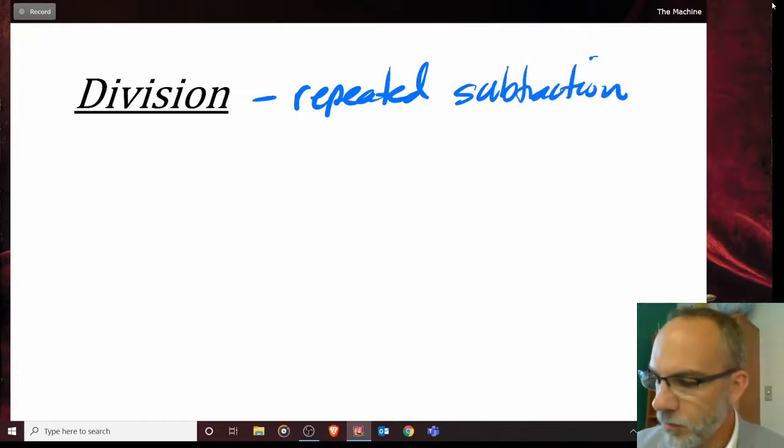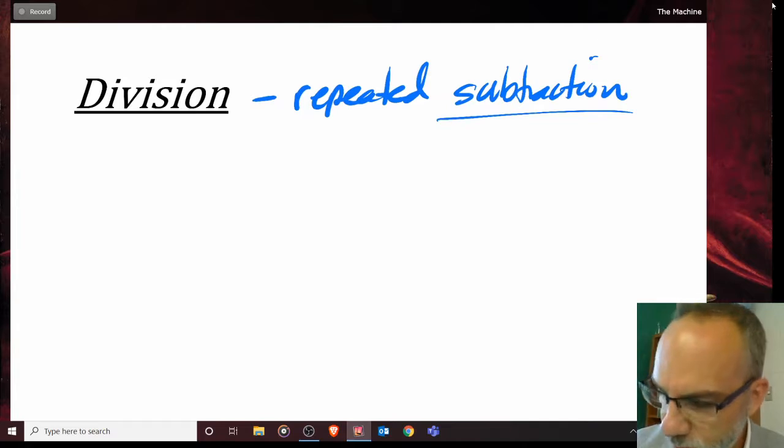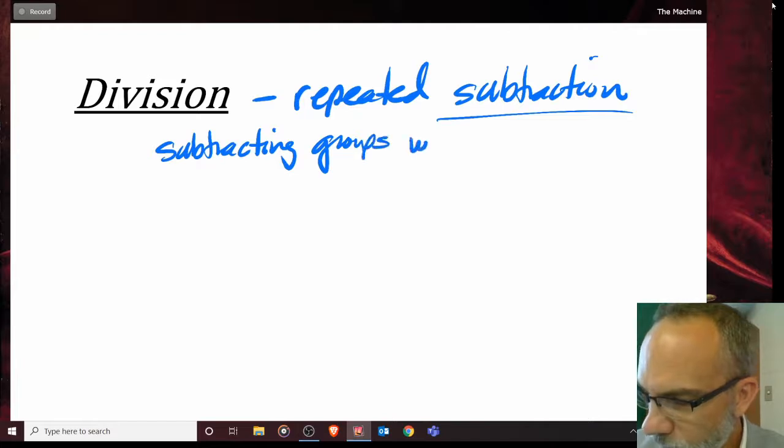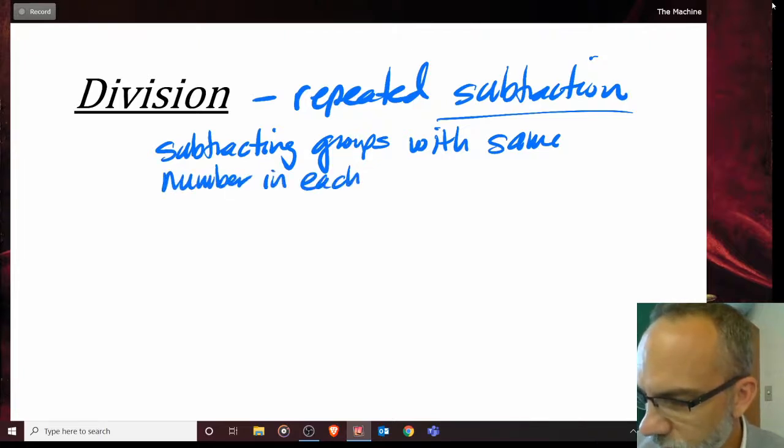Okay. You're subtracting groups with the same number in each group.